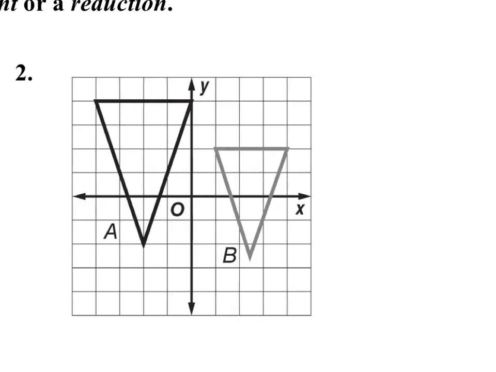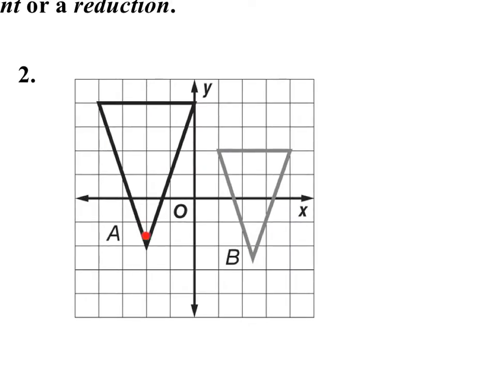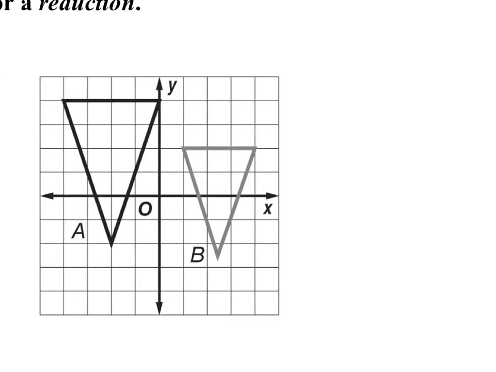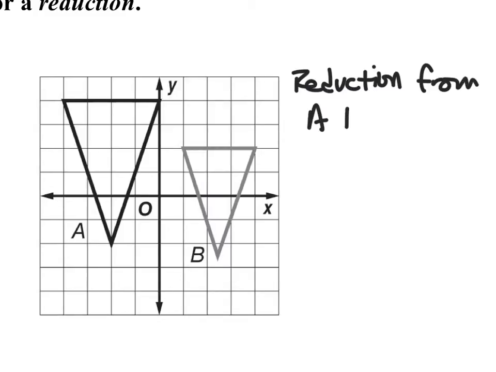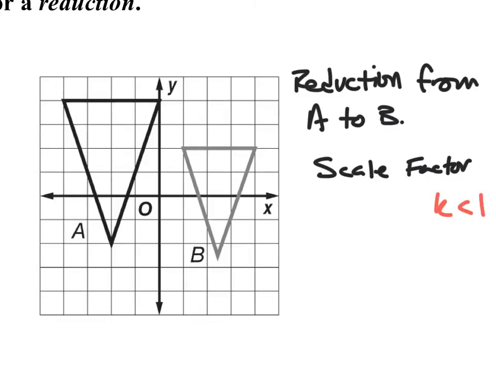Let's take a look at number 2. If we take a look at the triangle for A, we notice that it's larger than the triangle for B. So from A to B, we're going to call this a reduction. And we need to label our scale factor. Because we're dealing with a reduction, we know that the value for k needs to be less than 1.